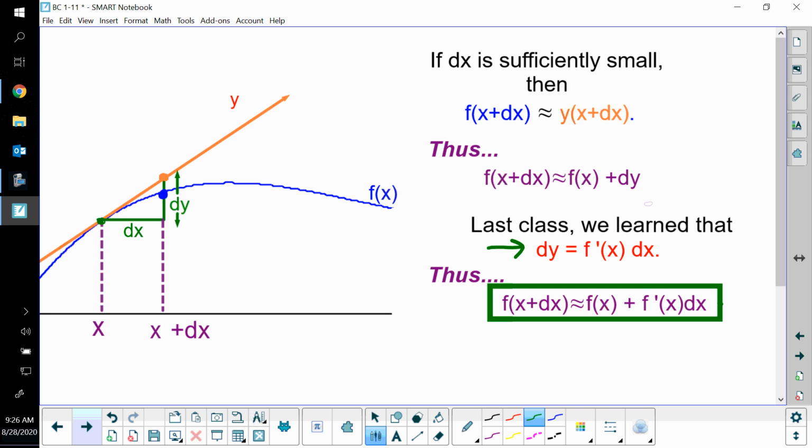Well, if you apply the change to the y value at the point of tangency, that will then give you an approximation of your new y value. So the new y value can be approximated by taking the y value at the point of tangency plus our differential.